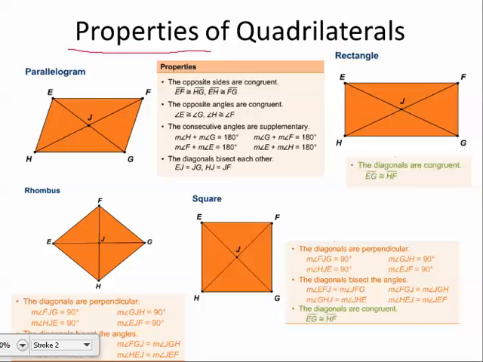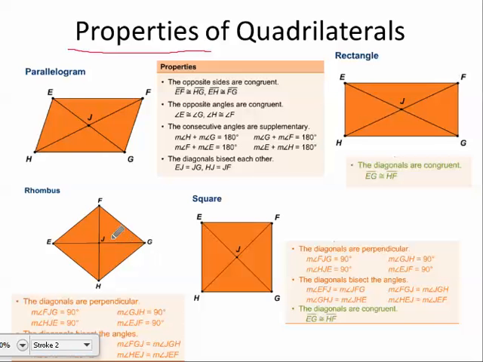well, in this one over here, I can see that the diagonals might be congruent to each other, but they're definitely not perpendicular. I don't have any perpendicular marks in here, so that's not going to be one of them. This one, the diagonals are congruent to each other, but I can see they might not be perpendicular to each other.